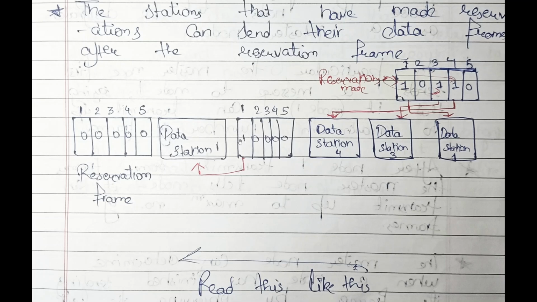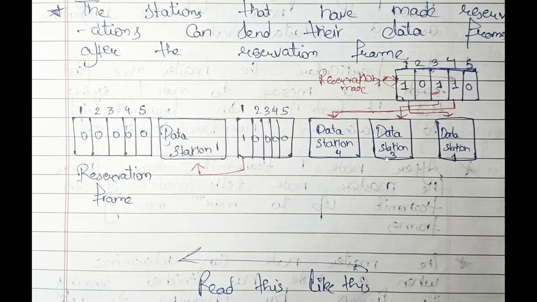And afterwards, you can see here in this reservation block, only the first station made its reservation. So only the first station is sending its data, and afterwards there's no reservation made by any station, so there's no data after this block.